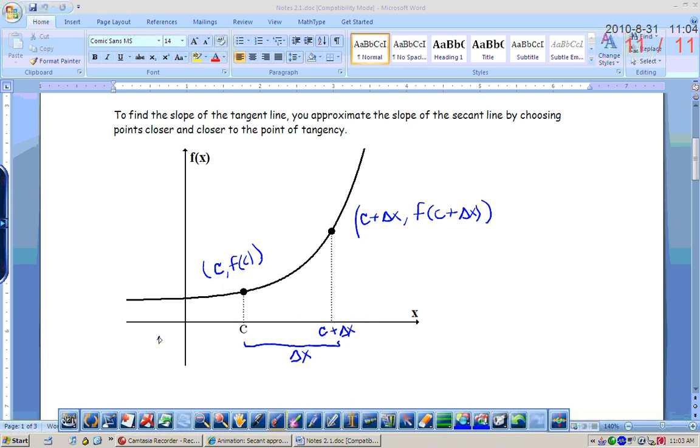Okay, I'm going to attempt to draw a line through those points. I think that's pretty good. Okay, so let's find the slope. All right, so slope is difference of y values. So I'm going to take f of c plus delta x minus f of c.